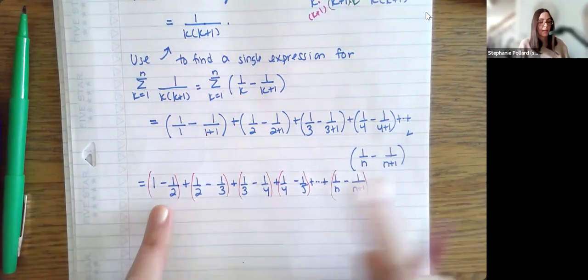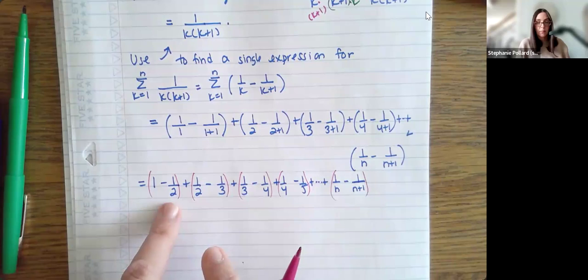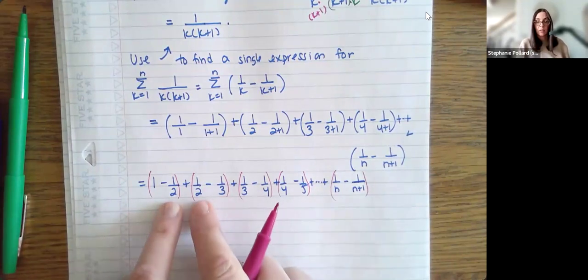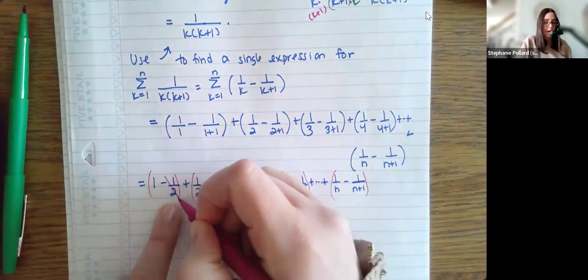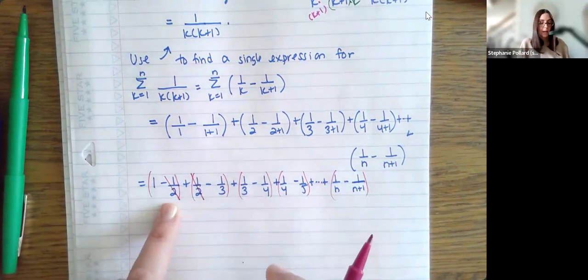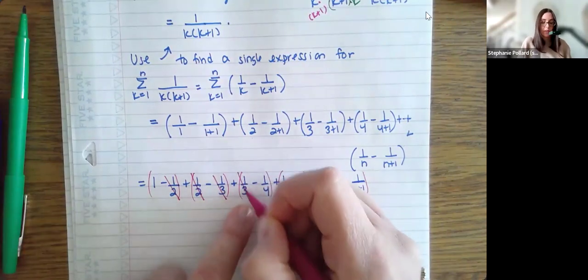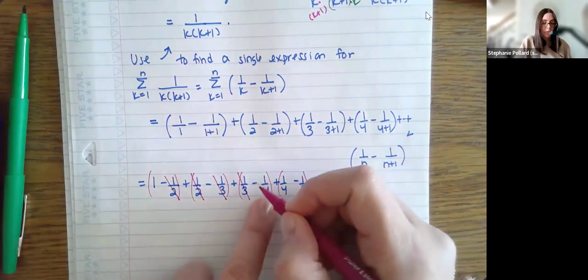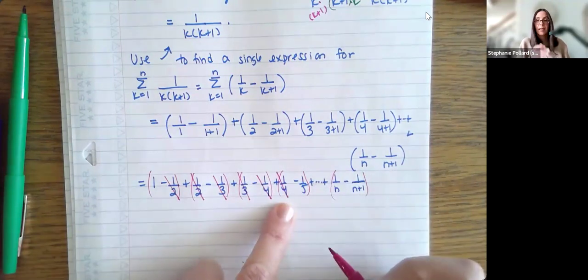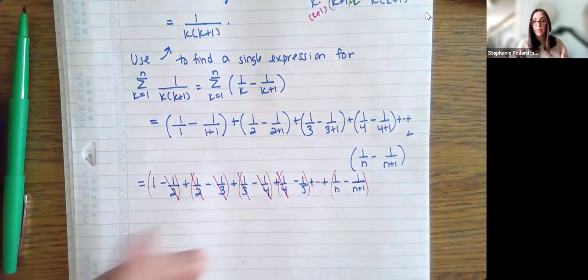Notice that the second term in the previous group is canceling with the first term in the next group. A negative 1/2 and a positive 1/2 cancel. The same thing happens here: a negative 1/3 cancels with a positive 1/3, and a negative 1/4 cancels with a positive 1/4. This is going to keep going all the way down the line. Hopefully you can see the pattern.